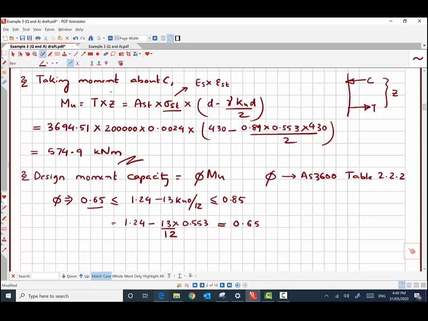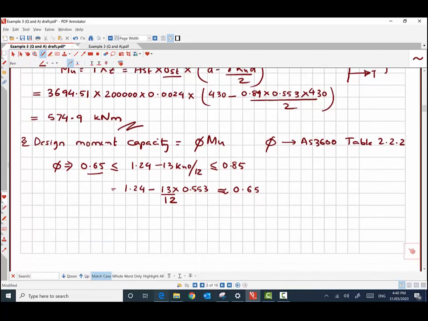We have to use 0.65 because that's the minimum value of phi for this equation. So taking phi as 0.65, we can find the design moment capacity. Therefore, phi Mu is 0.65 multiplied by 574.9, which is Mu. That gives us the design moment capacity as 373.7 kilonewton meter.